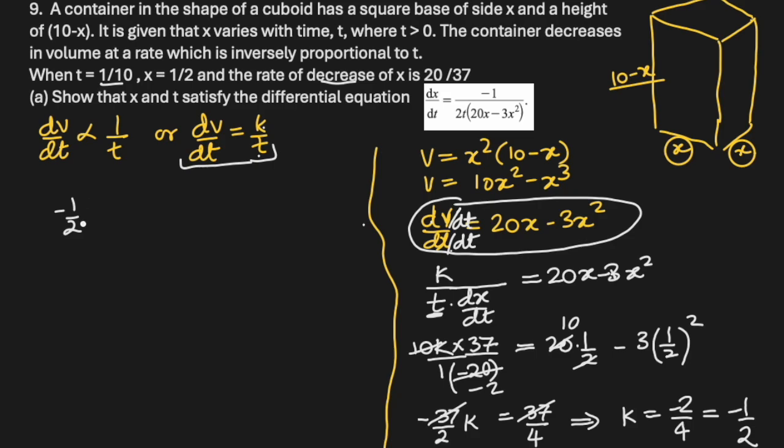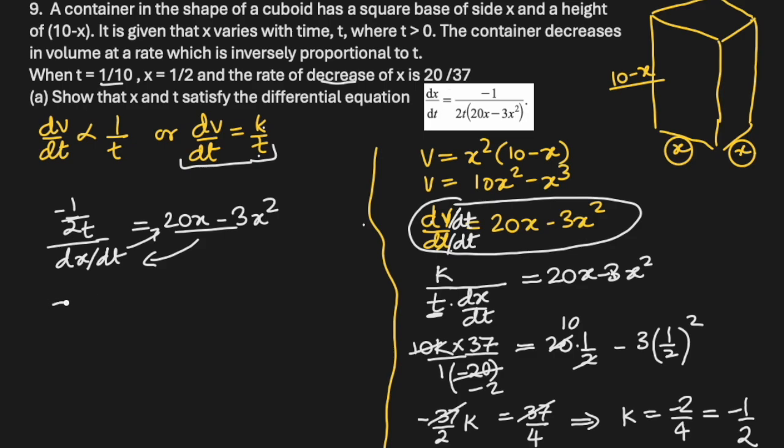If I put k equal to minus half, it will become minus 1 over 2t, that is dV over dt, over dx over dt, equal to 20x minus 3x squared. So let's bring this one to the other side as a denominator and bring dx over dt to the other side with numerator, because cross multiplication allows that, and this is what we want here, right?